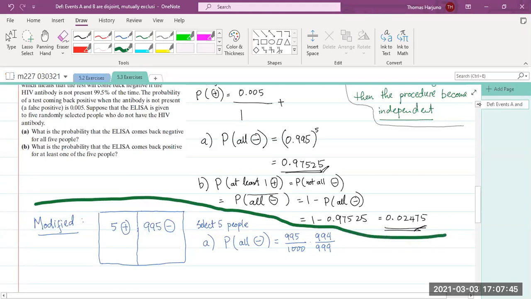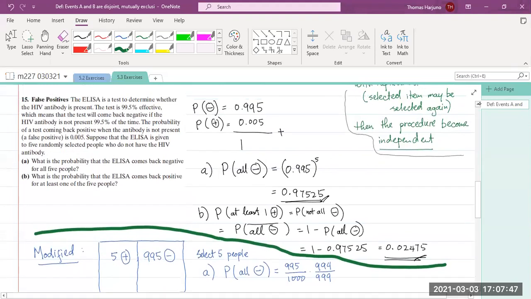The case that we have earlier, we don't know how many people there are. We just know the percentage of people who tested negative.